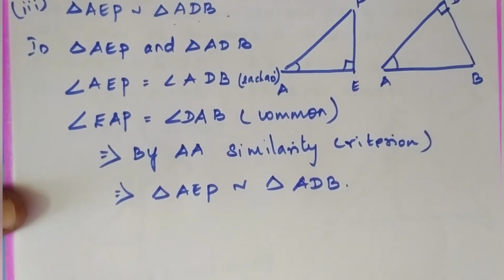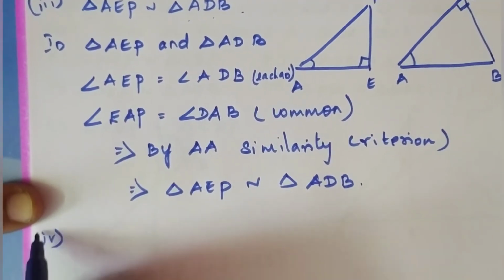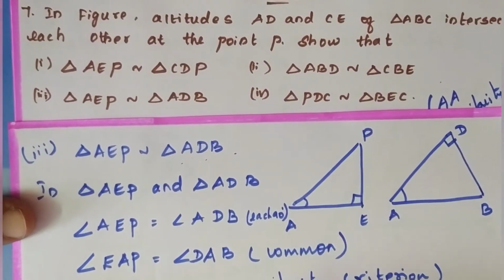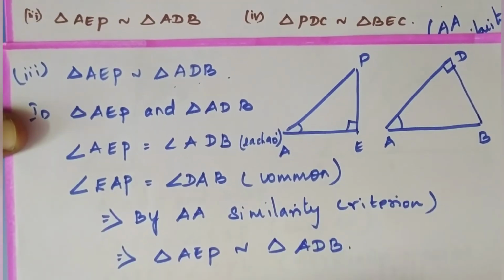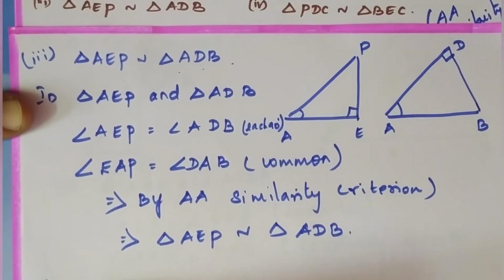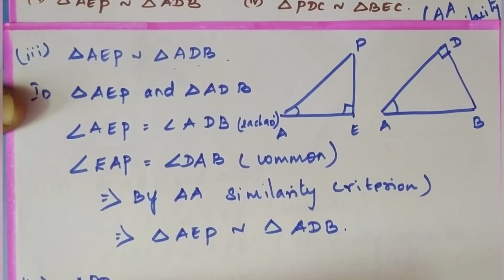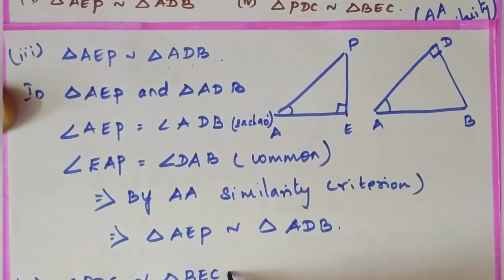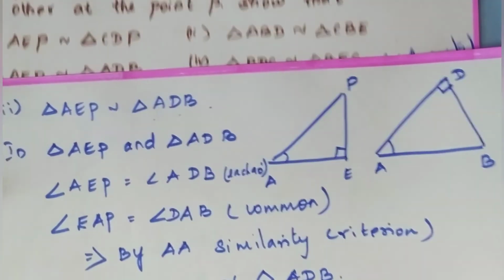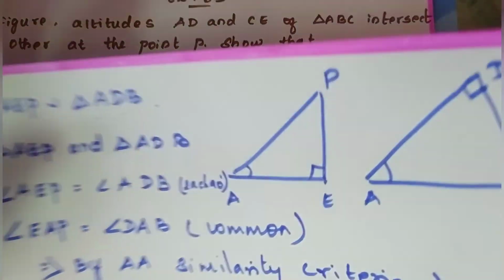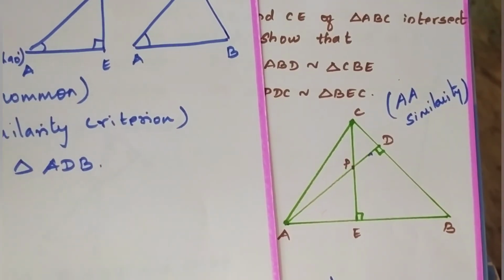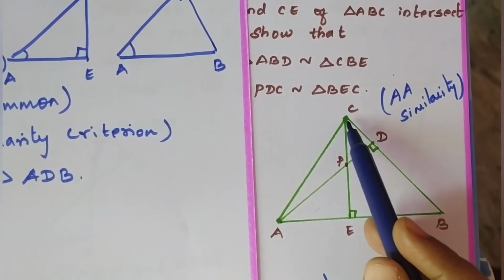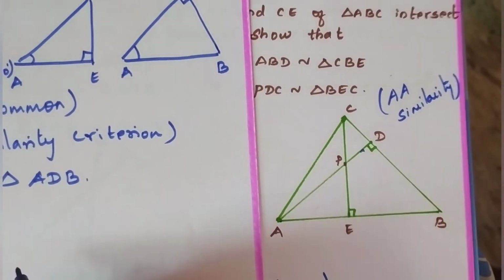Okay, next, fourth one. What do we have to prove? Triangle PDC is similar to the triangle BEC. So where is PDC? PDC, this small triangle.